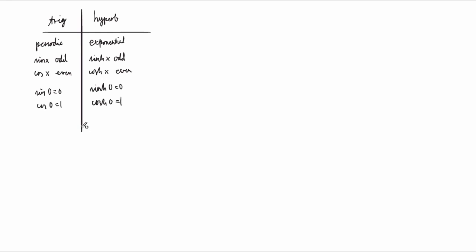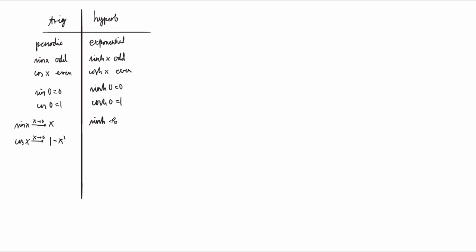If you want to be a little more precise, we know that sine of x, when x goes to 0, is approximately equal to x. Cosine x, when x goes to 0, is approximately equal to 1 minus x squared.